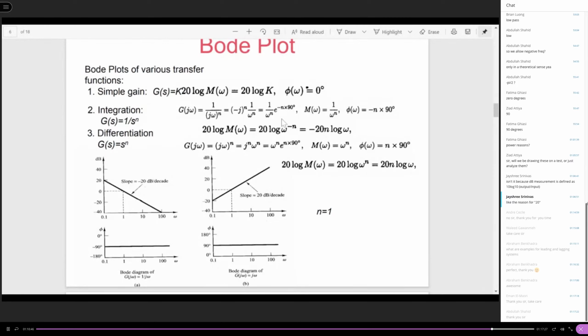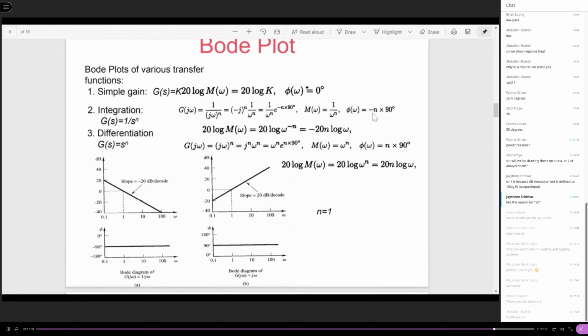The magnitude decrease is quite significant, since it is a power of n. And what about the phase? You can see that it depends on the number n of integrators.